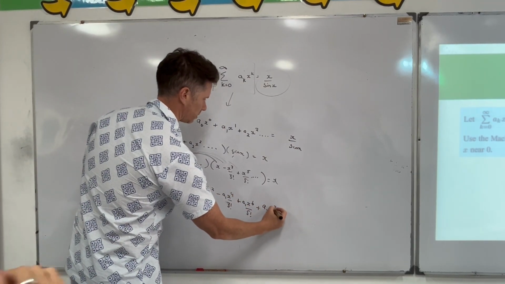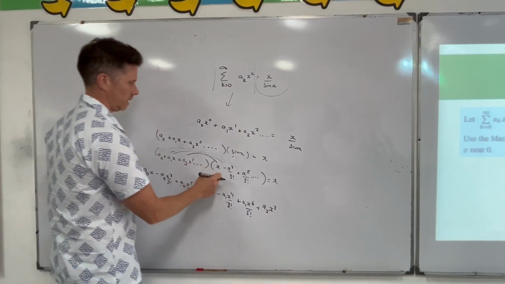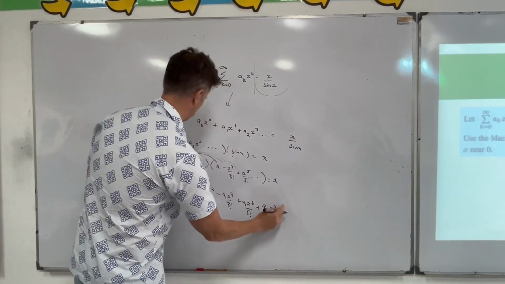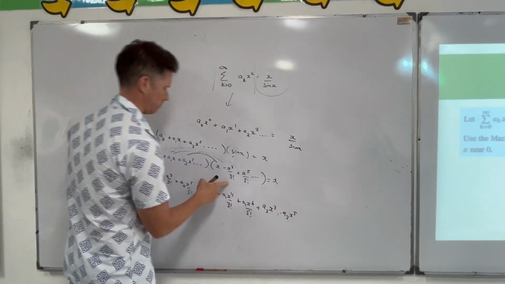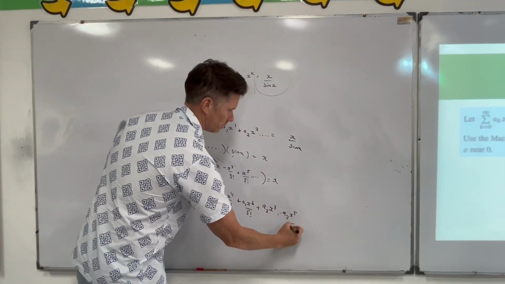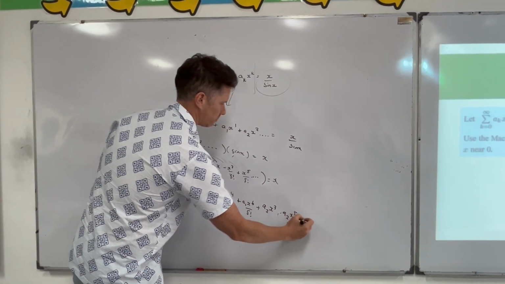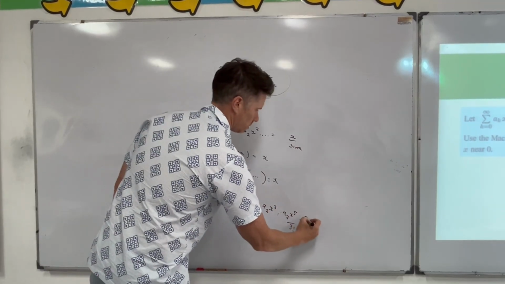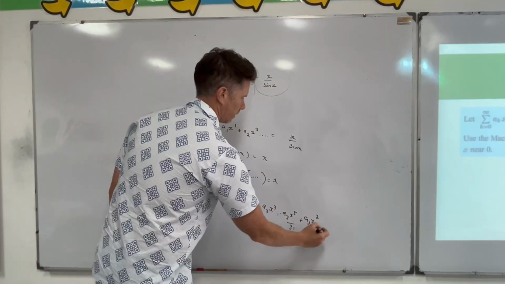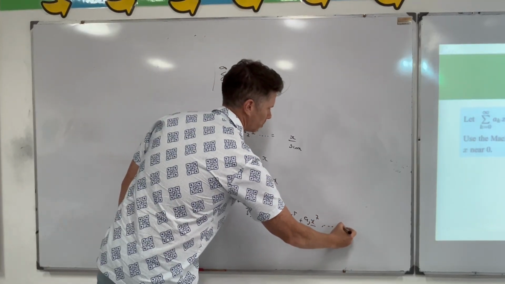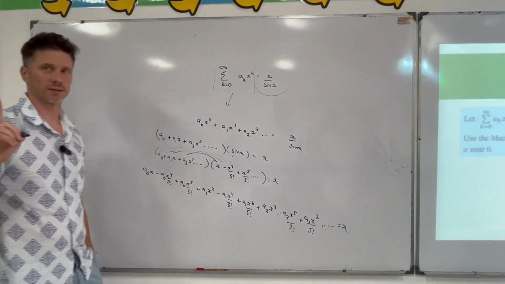A2 x cubed, minus A2 x to the 5 over 3 factorial, and plus A2 x to the 7 over 5 factorial. All right, all that and many more multiplications just equal x. And that's crucial.